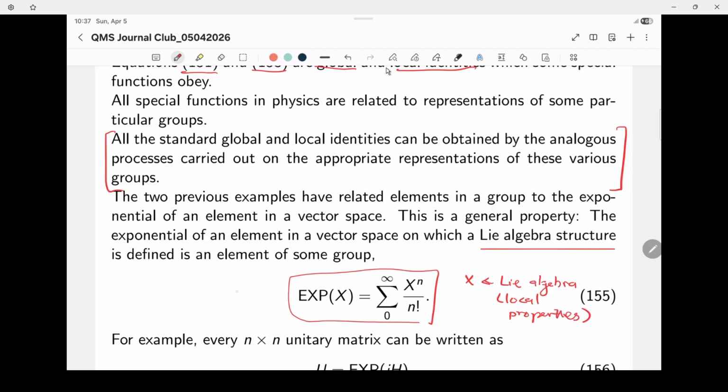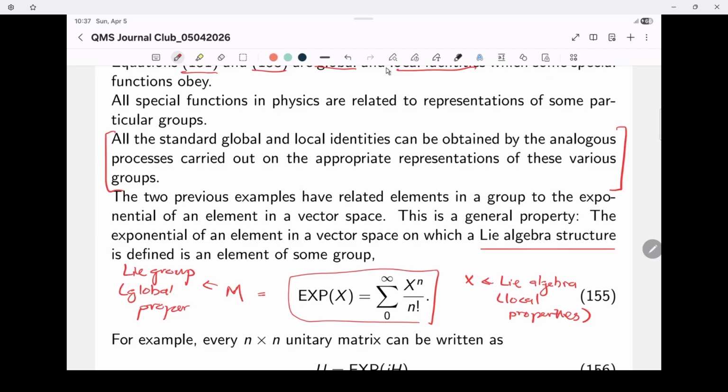And then let's say you have some matrix M, which is the exponential of your Lie algebra elements. This is the Lie group, and this will tell you the global properties.